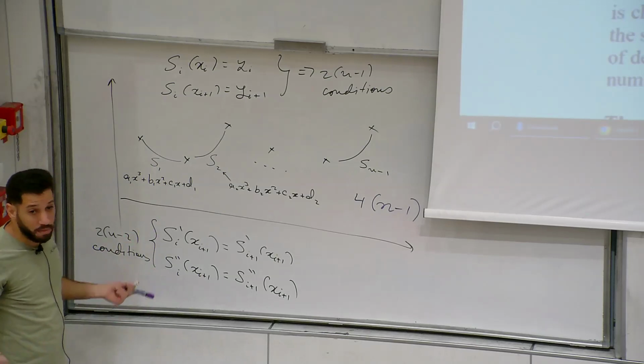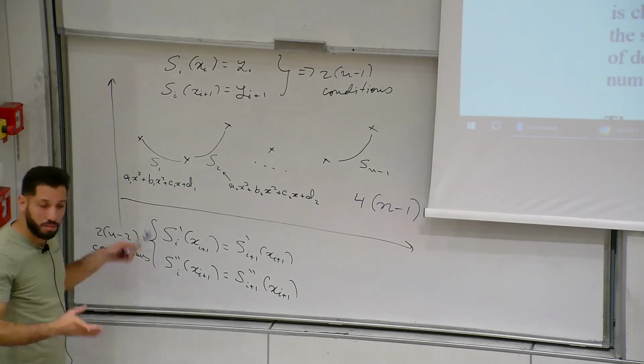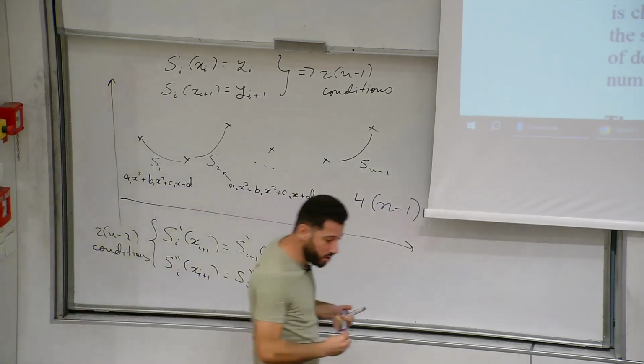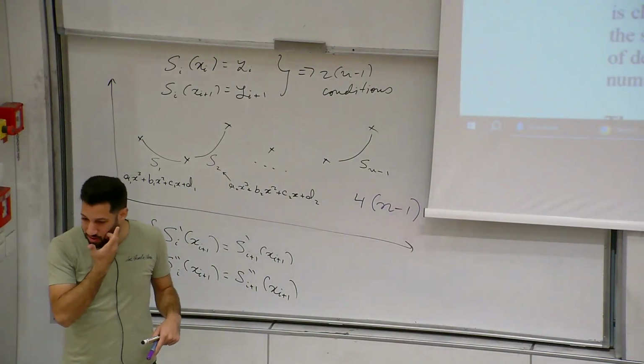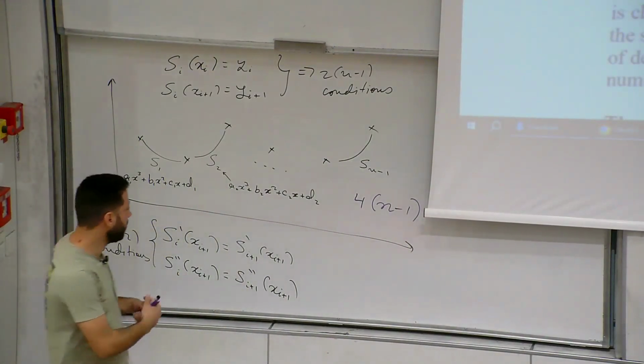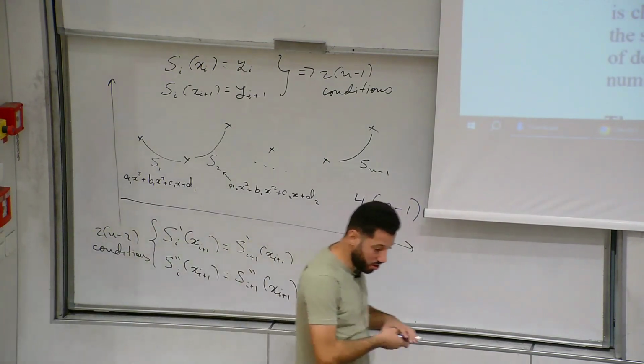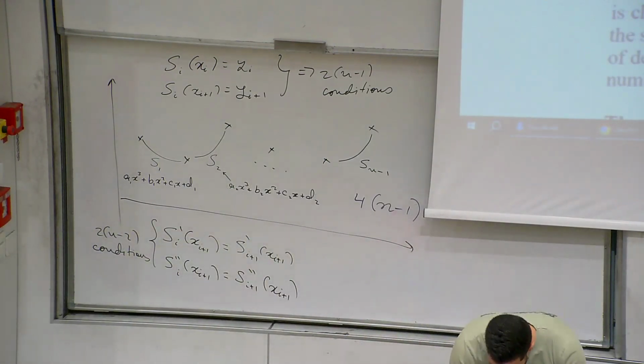But maybe I know something. If you know something, you can impose it. So you have 2 conditions to put in order to get the sufficient conditions for your spline interpolation.